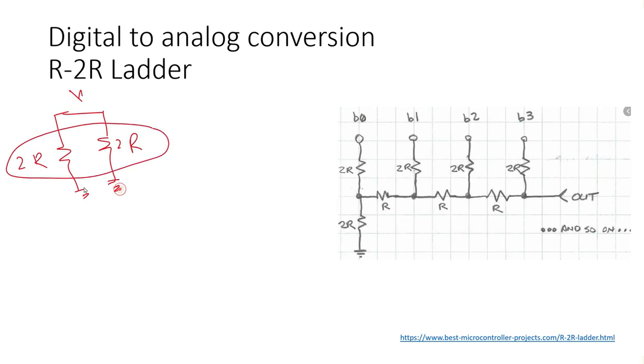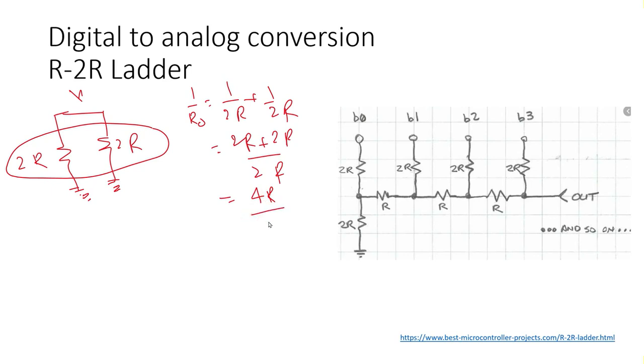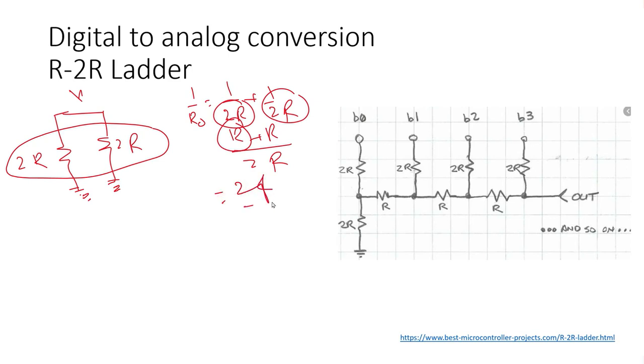If we take the parallel of this resistance, this side is ground. So the parallel of 2R: 1 over R naught is equal to 1 over 2R plus 1 over 2R, which becomes 2R plus 2R divided by 2R times 2R, which is 4R over 4R squared, which gives R. This is obvious because the parallel of two similar resistances, let's say R and R, is R by 2.